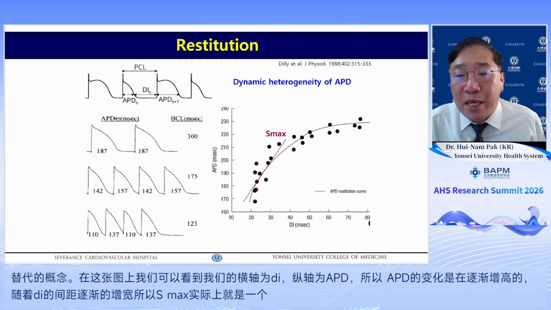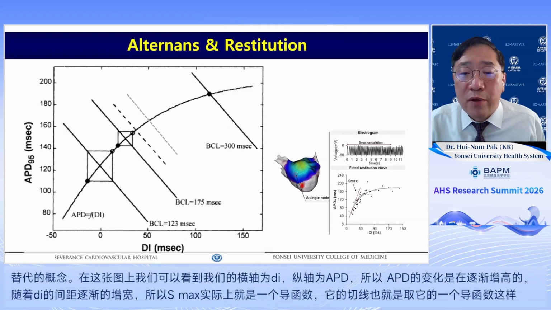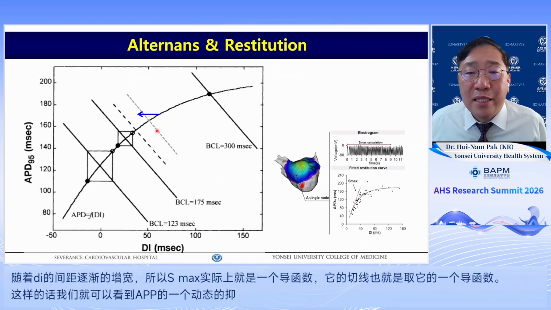Restitution is a dynamic APD heterogeneity reflecting AF wave break vulnerability. So, for example, at a low Smax condition, a long coupled ectopy converges to the restitution curve and restores the sinus rhythm.